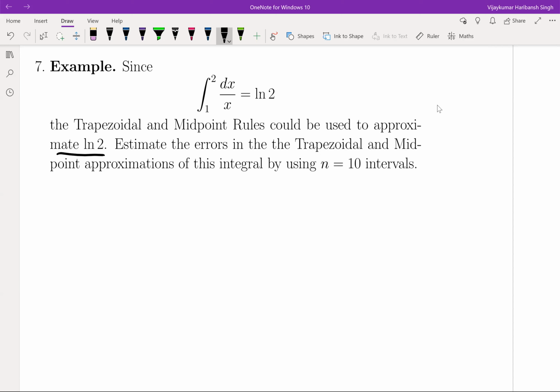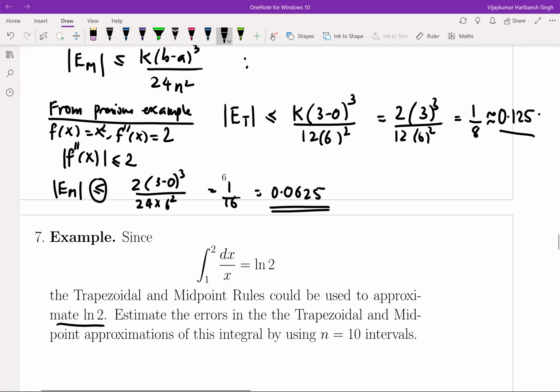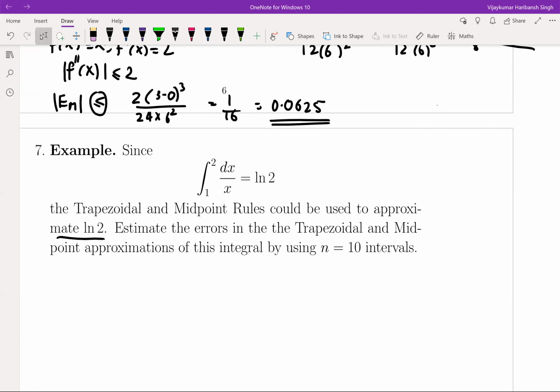So we are not finding it, but we are just approximating it. All right, so let's approximate this using the trapezoid rule. How do we go about it? Again, we'll have n is 10, a is 1, b is 2.